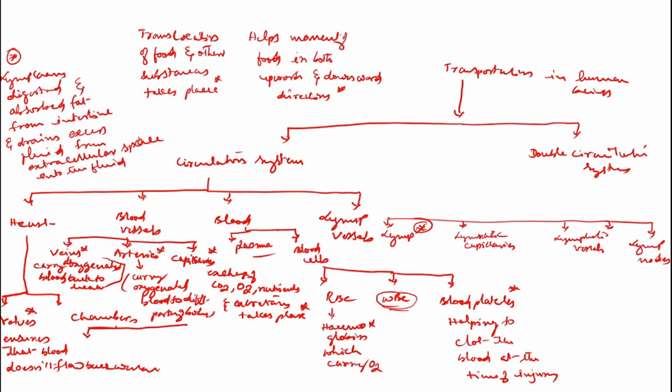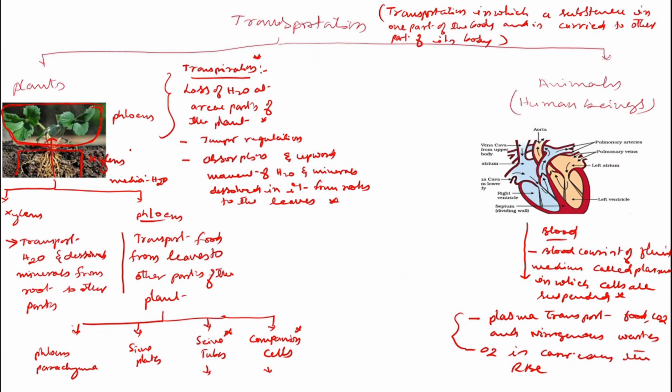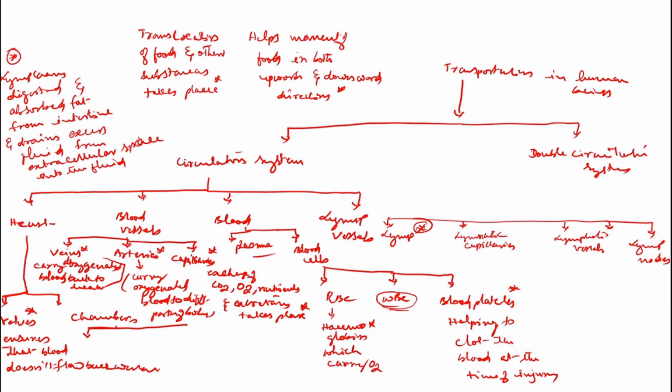So this is the circulatory system we have seen, and double circulation, some few points we will see. Double circulatory system. Here again, pulmonary circulation and systematic circulation, two types are there in this.